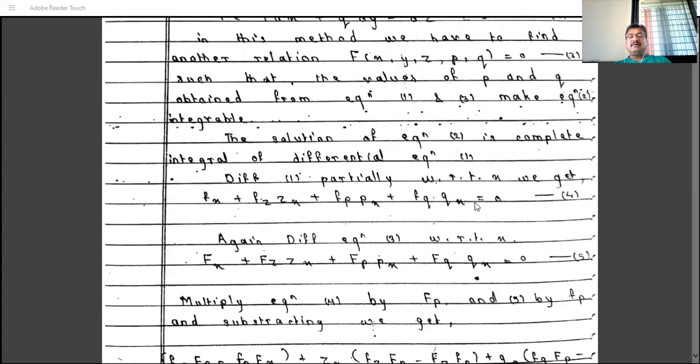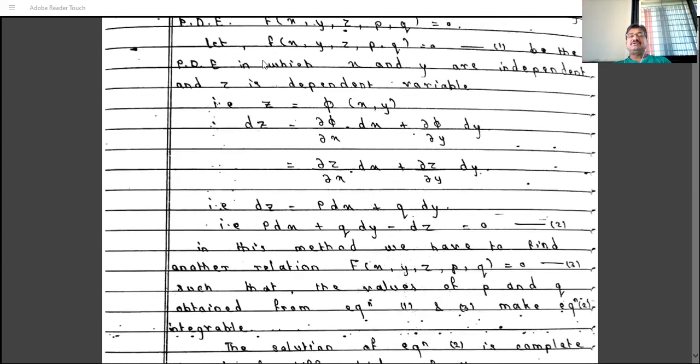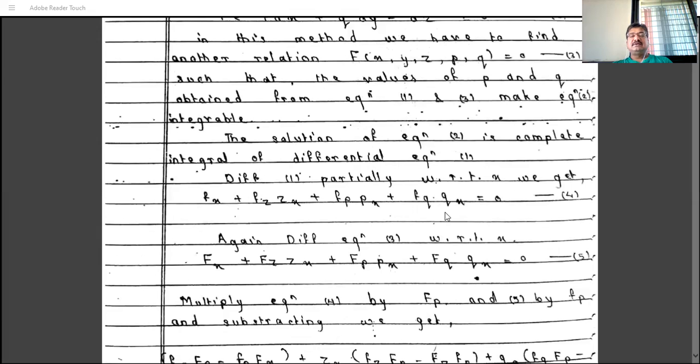So this is the partial derivative of this equation with respect to x. ∂f/∂p is denoted by f_p, and ∂q/∂x is denoted by q_x. So this is the partial derivative of 1 with respect to x.